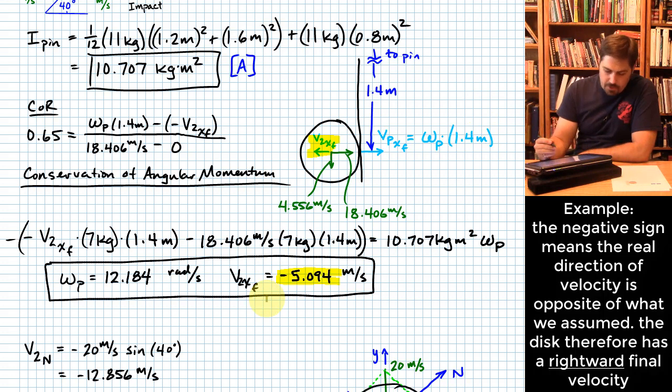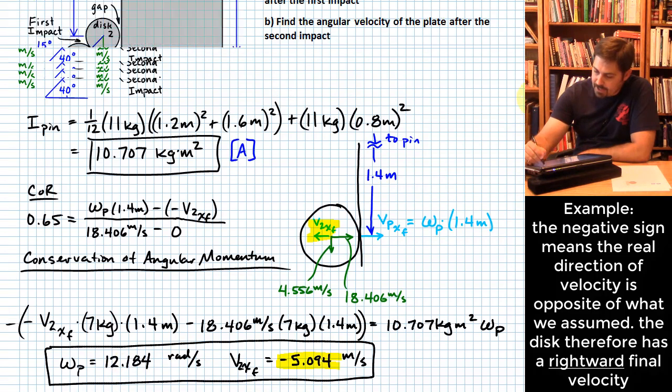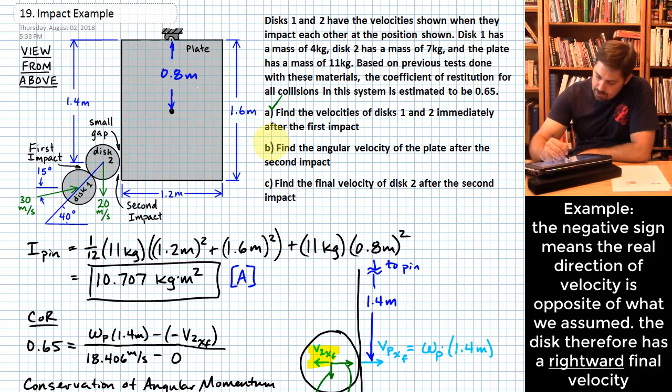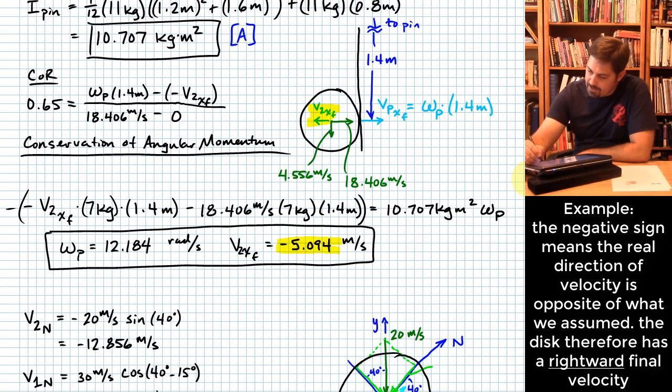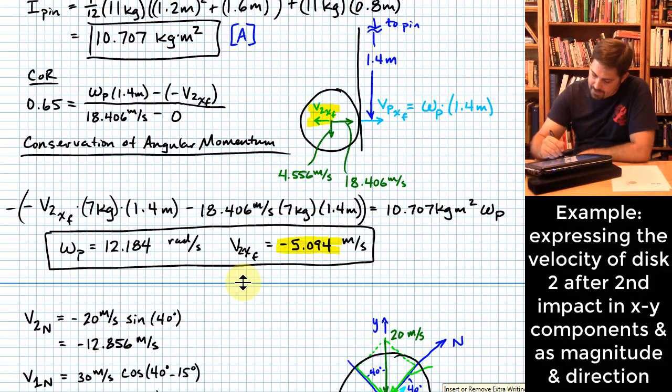All right, so what have we actually accomplished here? Well, I think this 12.184 radians per second allows us to answer part B. All right, now part C, find the final velocity of disk 2 after the second impact. We're halfway there in finding that.